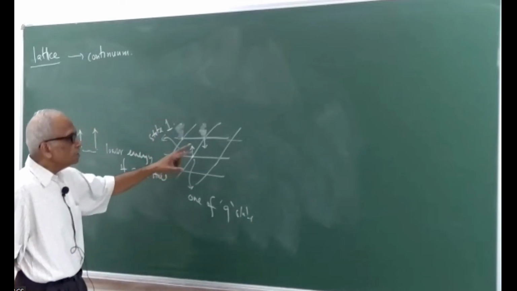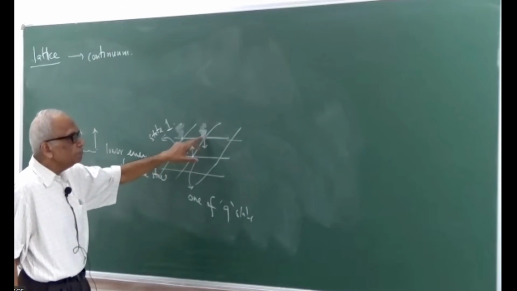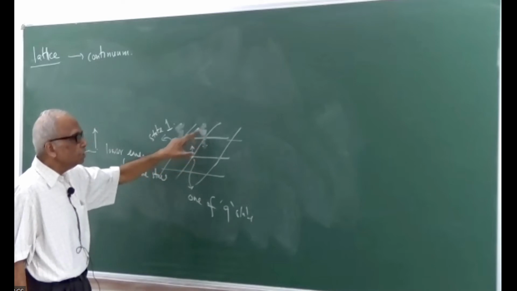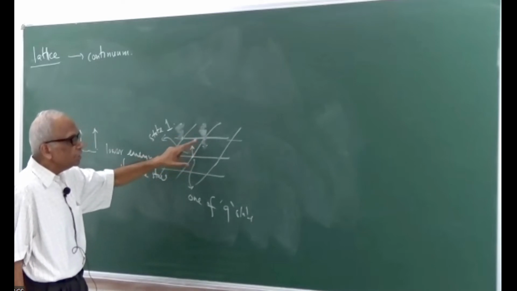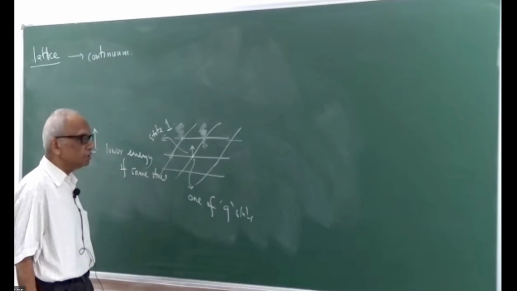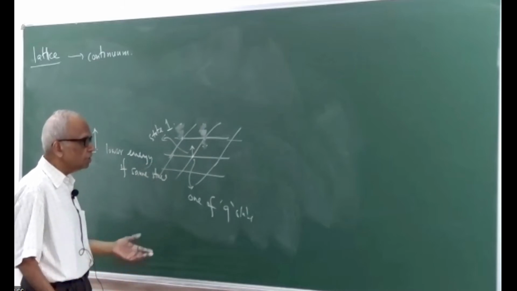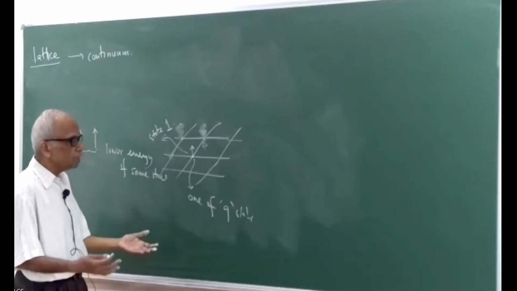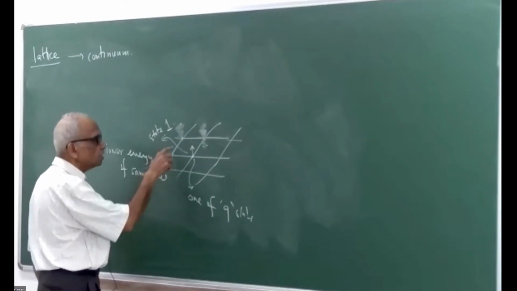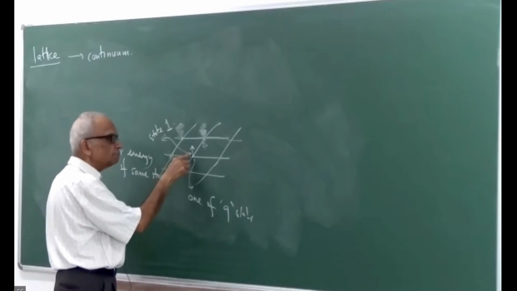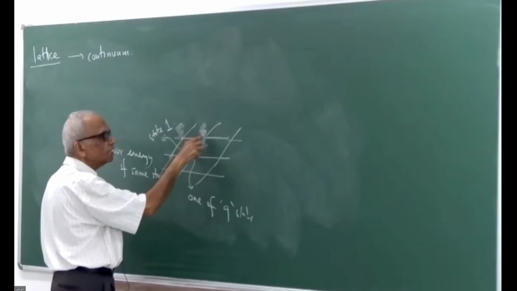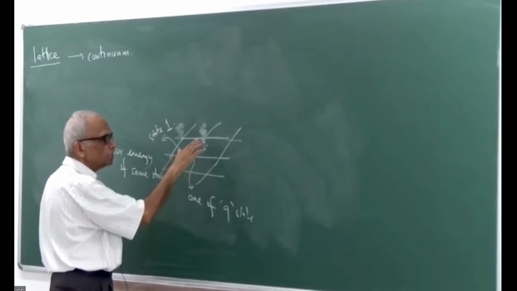Now if the neighbor is in state 1, it is going to have a lower energy. But if it is in any other state, it is going to have a higher energy. Similarly, if this one happens to be in state 2, then the neighbor, if in state 2, will have lower energy, and higher energy otherwise.